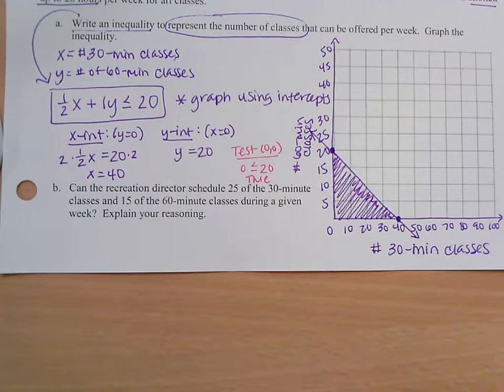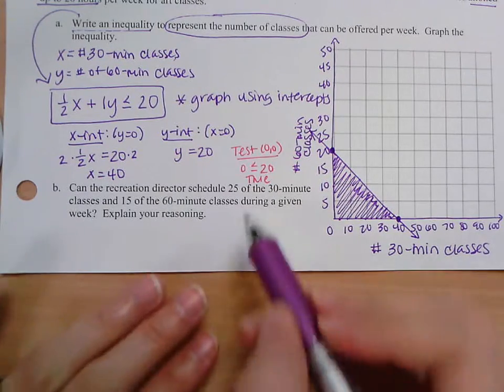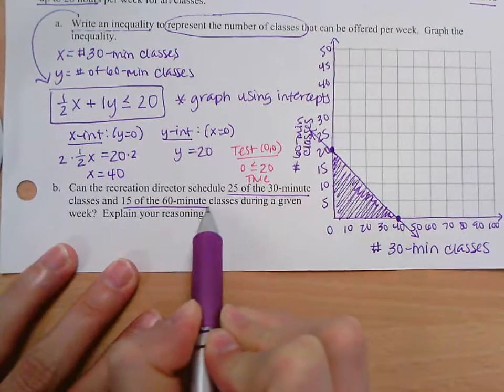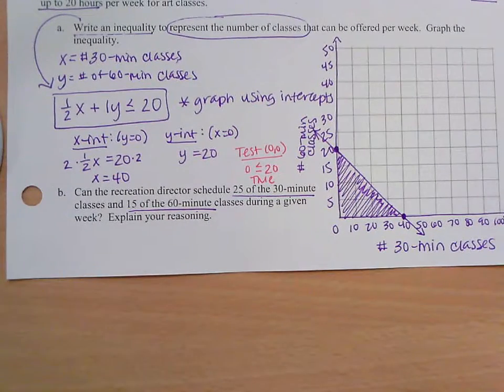Okay, and then it says for part B, can the recreation director schedule 25 of the 30-minute classes and 15 of the 60-minute classes during a given week? And to explain. Anybody have a yes or no answer for that? And then why?